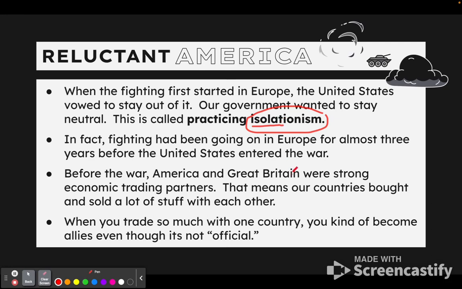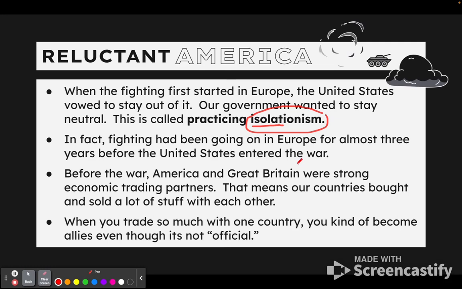Fighting in Europe had gone on for several years before the United States ever decided to get involved. America and Great Britain were actually strong economic trading partners. That means that we worked well with them and traded goods with them. They would send goods to America that we could not produce here.